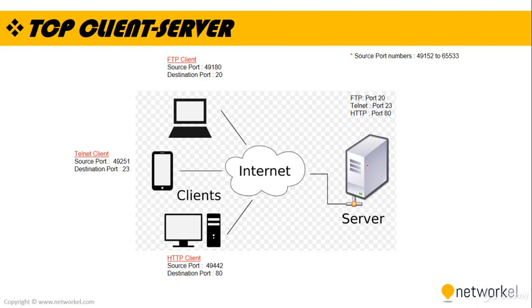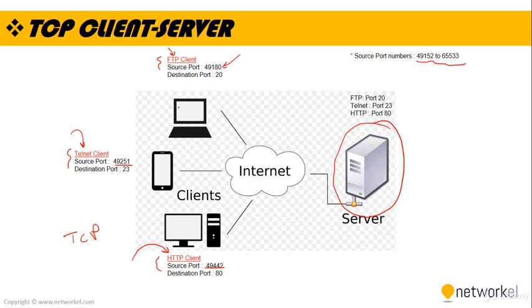Here, as you see, we have some protocols that use the TCP protocol: FTP, file transfer protocol, Telnet, and HTTP. This is the protocol we use when we are surfing on the web, as you know. These clients are using port numbers in this range, as you can see, and they're interacting with the server to get services from it.